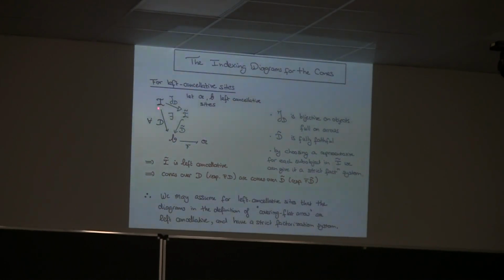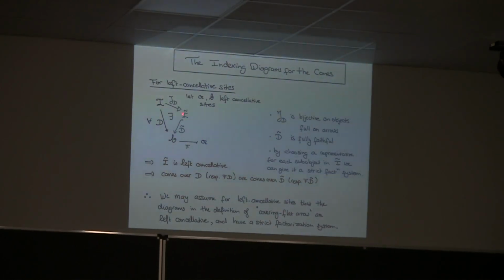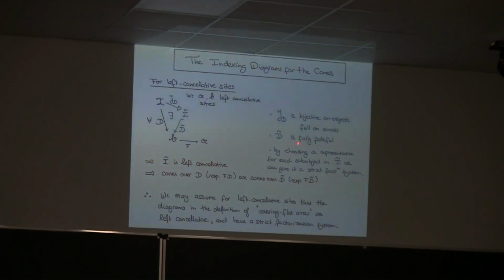In that case, the cones over D are exactly the same as the cones over D tilde, because we haven't changed the objects. So we still have the same arrows, and the fact that diagrams commute can still be checked with these. You don't need the extra arrows that I might have had in I. And so that's the same.